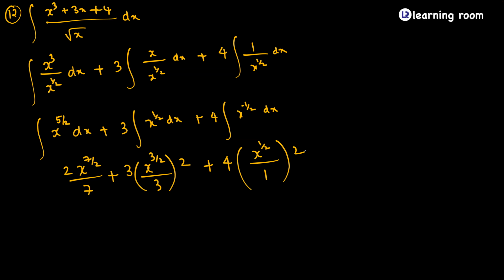Is that point clear? So it will be 2 times x power 7 by 2, the whole divided by 7, plus this 3 and 3 will get cancelled. So we have 2 into x power 3 by 2, plus 4 into 2 is going to be 8, 8 into x power half, which is actually root x, plus c is going to be the answer. Is that point clear? So this is the final answer. Make a note of it.